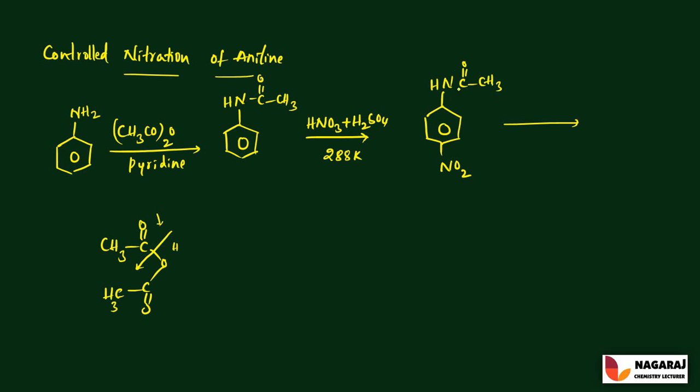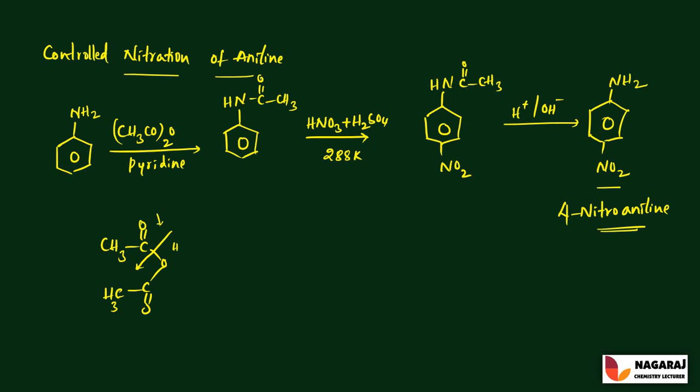So we have to eliminate this COCH3 by treating it with the acid or base. So it gives the product, that is NH2 and it is NO2. So during the controlled nitration, only one nitro group is attached at the para position. So it is called 4-nitroaniline.